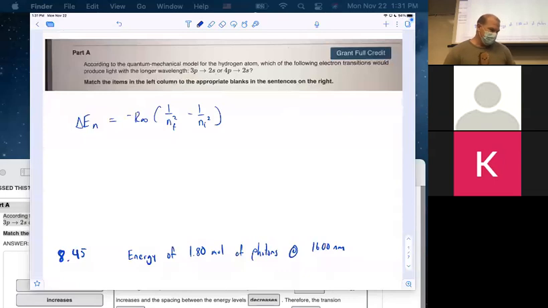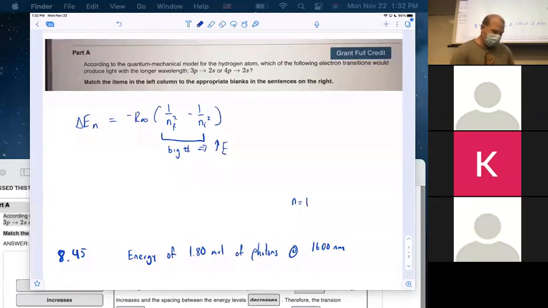So if this is a big number, that means higher energy. For the hydrogen atom, n equals 1 is just the Rydberg constant. Let me try and draw the scale. The n equals 2 level is going to be here, and this is going to be infinity, or the free electron.